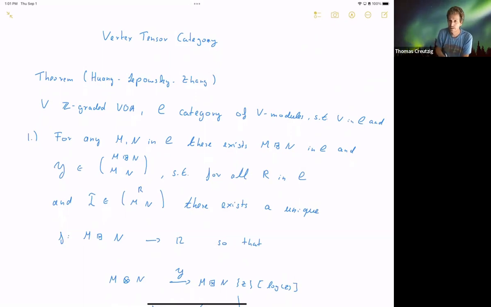In particular, one always had expected that, for example, affine vertex algebras at admissible level, good enough categories of modules, admit a vertex tensor category structure. And then we slowly discovered one step after the other how we can indeed be more and more efficient with establishing it. And this is what I want to talk about today.